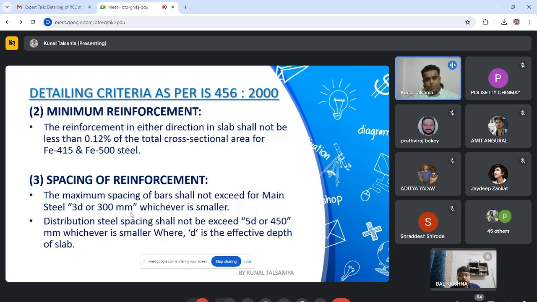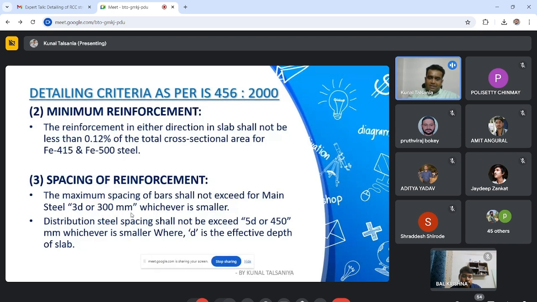That area has to be provided in both directions. This criterion is not only for the major direction or main reinforcement, it is also for distribution steel. So minimum 0.12% of total cross-sectional area has to be fulfilled in slab.